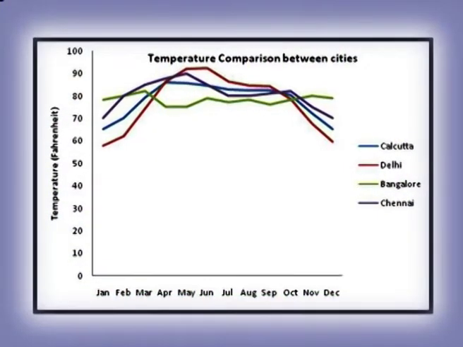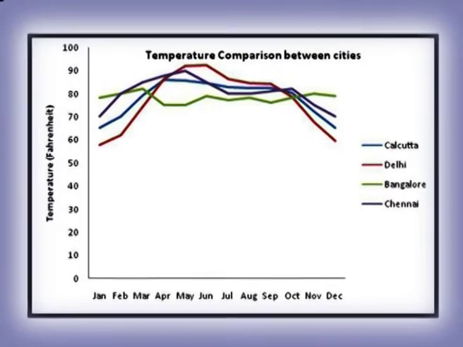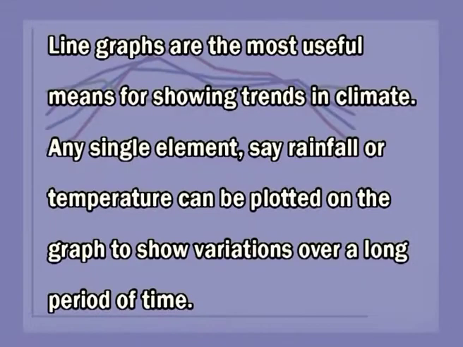For instance, we can prepare a polygraph of mean monthly temperatures of the undernoted stations as given in the graph. Line graphs are the most useful means for showing trends in climate. Any single element, say rainfall or temperature, can be plotted on the graph to show variations over a long period of time.